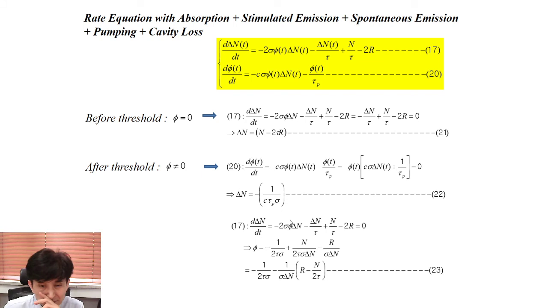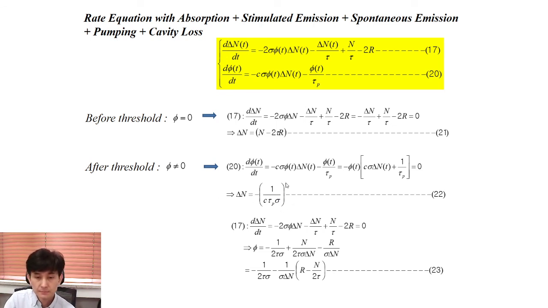From equation 20, setting it equal to 0 for steady state, we obtain delta n equal to minus 1 over c tau p times sigma.